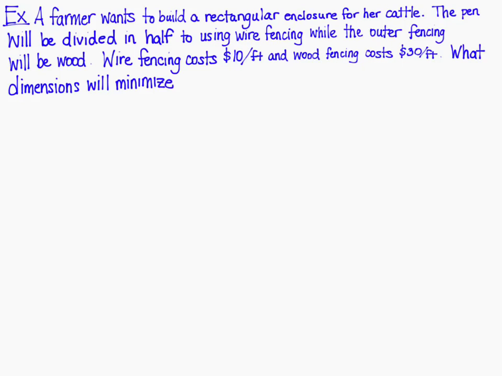We want to know what dimensions will minimize the cost if the farmer needs each pen to be 800 square feet. Notice that this is slightly different from the first problem that we saw, because here we want to minimize the cost for building the pen as opposed to maximizing the area. In this case, the area of each pen needs to be 800 square feet.